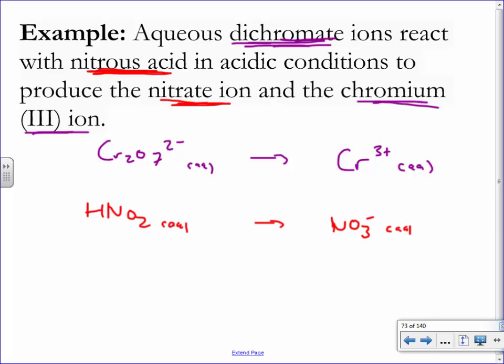So this right here, this is me writing some skeleton equations. At least I'm starting to. I took what they gave me in the blurb above, and I'm writing out what seems logical. I mean, it does seem logical, by the way, that the dichromate turns into chromium, the nitrous turns into that. It wouldn't make sense for that one to turn into that, right? Is that clear?